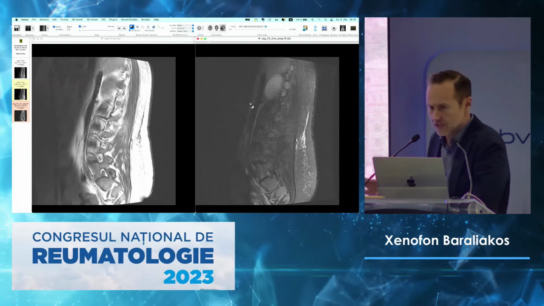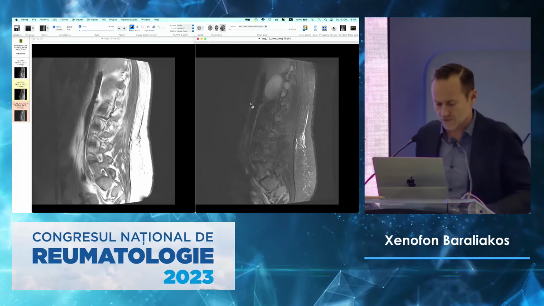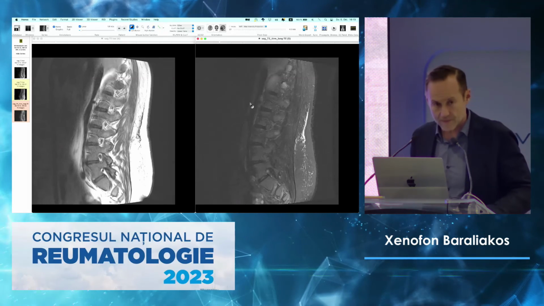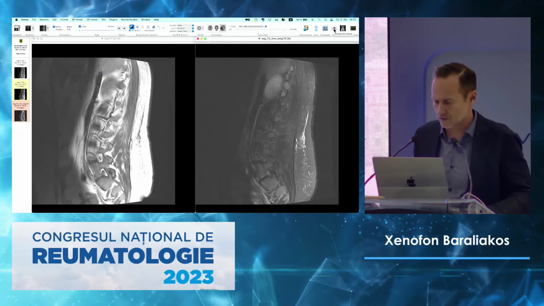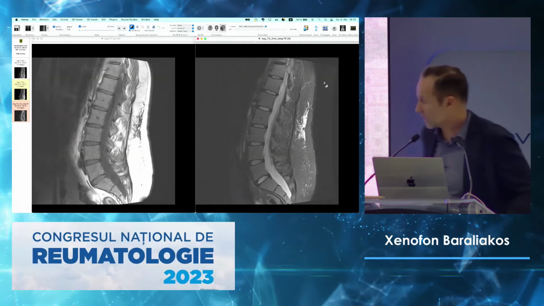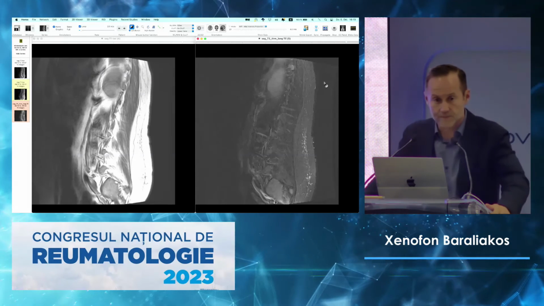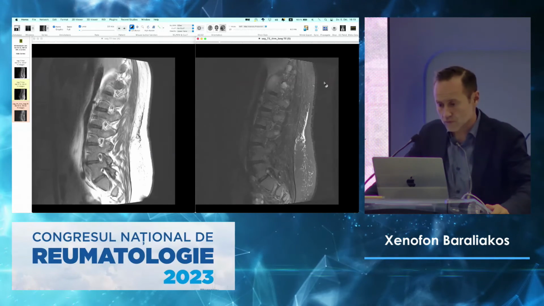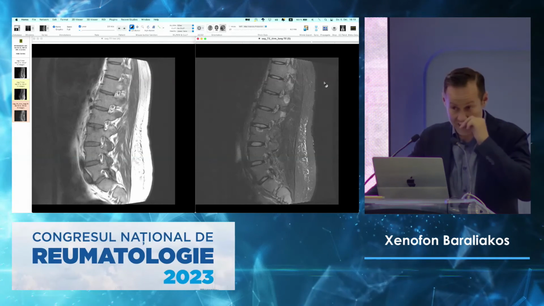The sacroiliac joints are clear, there is spondyloarthritis. I will show you the images now of the spine, or maybe we can move them around here. And you have to check if you find something that may be of interest to you in terms of understanding what that patient has.